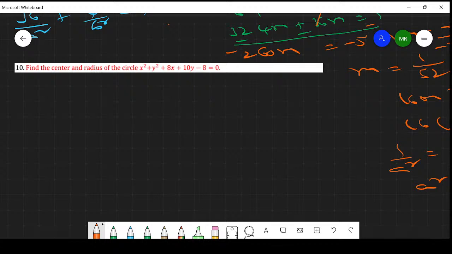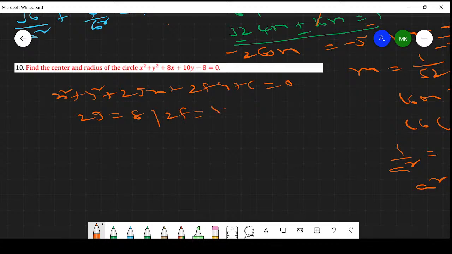If we compare, 2g is equal to 8 and 2f is equal to 10, c is equal to minus 8. So g is equal to 4 here, f is equal to 5.